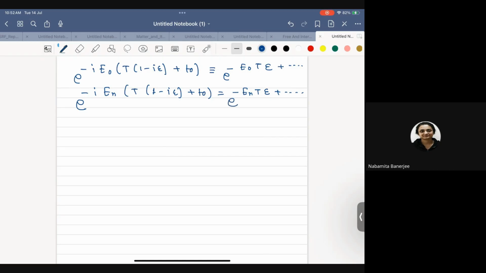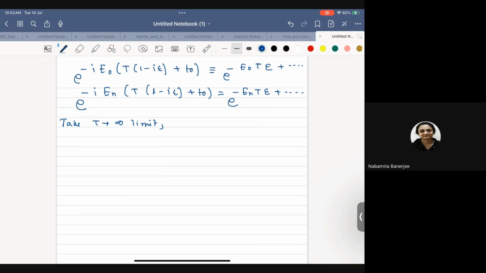Now take the t goes to infinity limit. You tell me which one will survive. Which one will go to 0 first? The real part. Which one? The En t epsilon part, exactly.